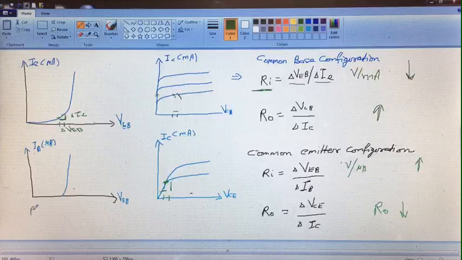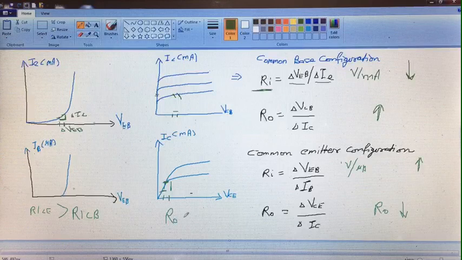R input for common emitter is higher than R input for common base configuration, while R output for the common base configuration is higher than R output for the common emitter configuration.